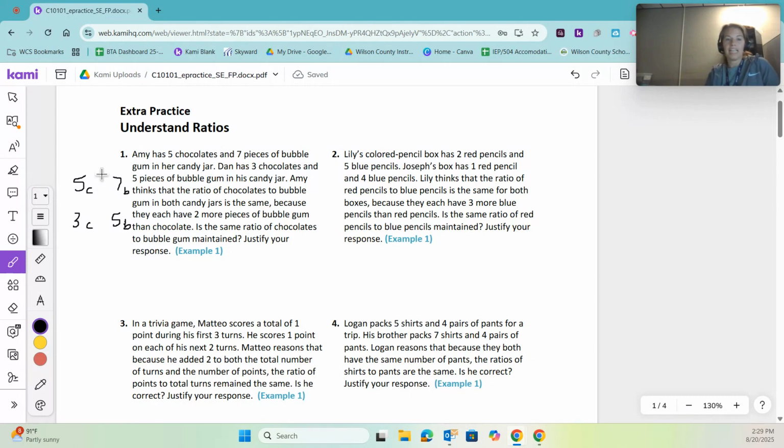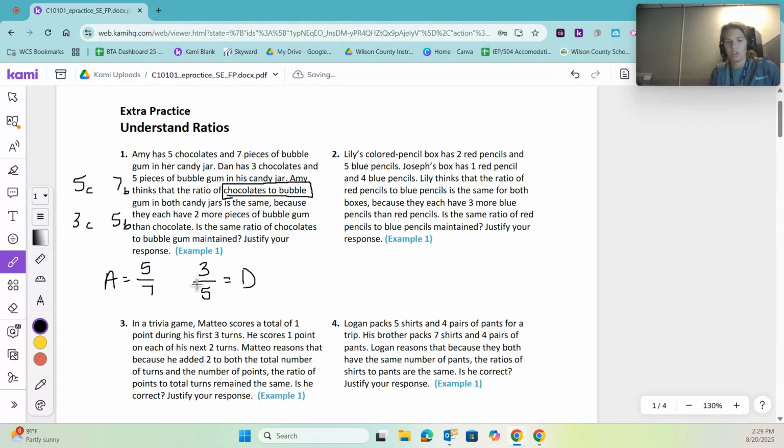Now, they are looking at the ratio of chocolates to bubble gum, so I'm going to look at that. That's where the question is, chocolates to bubble gum, which means Amy's is a ratio of 5 chocolates to 7 bubble gum, and Dan's ratio is 3 chocolates to 5 bubble gums. Now, are 5 to 7 and 3 to 5 equivalent?